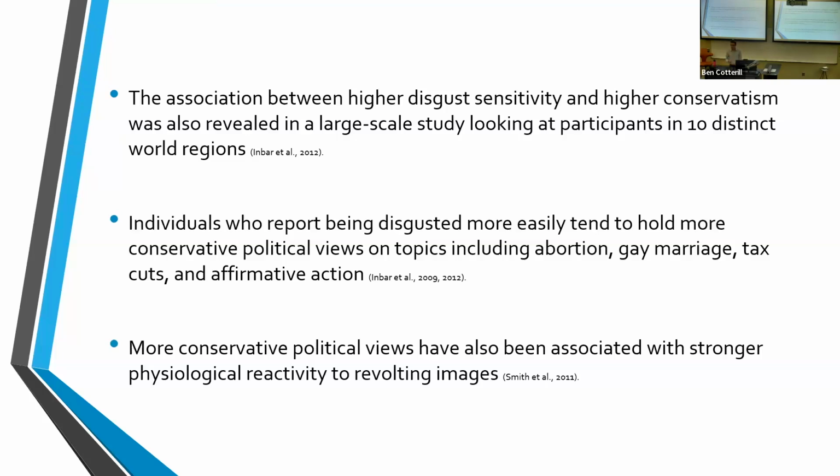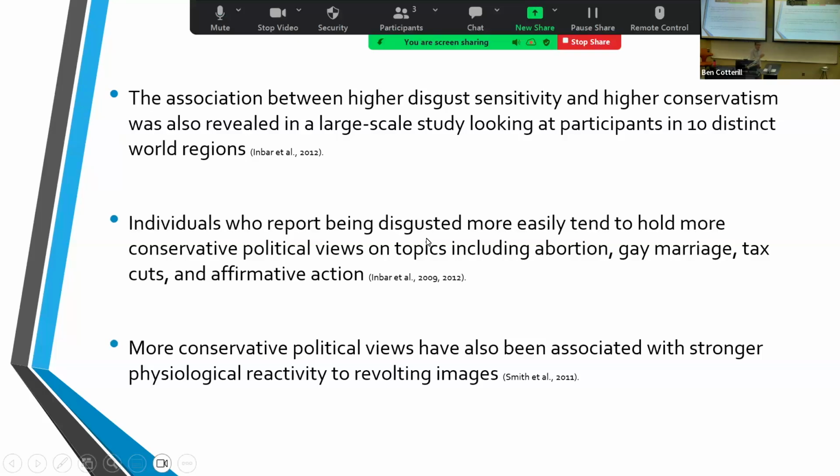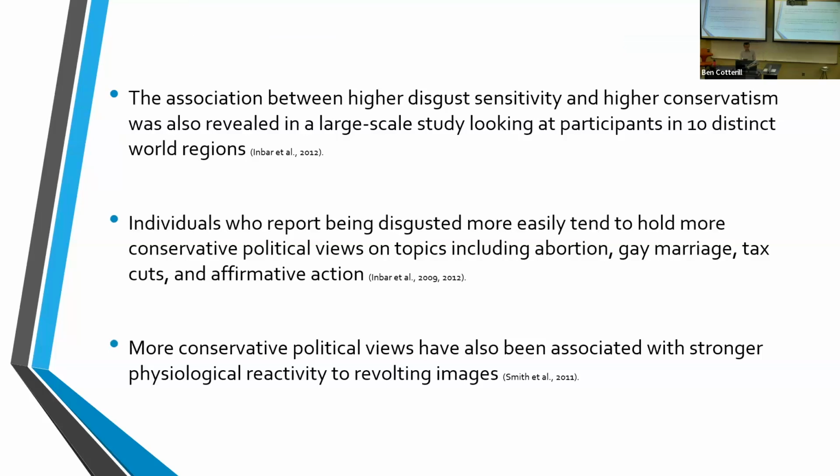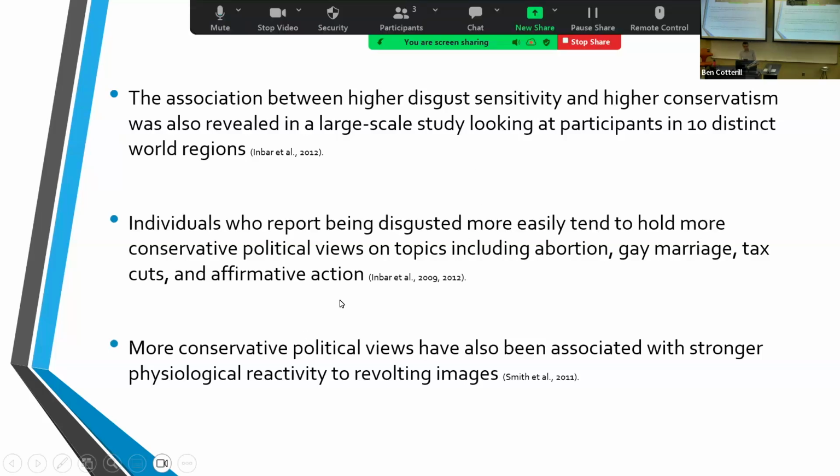Again, a replicated finding, across world regions. Those on the political right are more likely to be higher in disgust sensitivity. Those who are more easily disgusted, even when given just one issue to choose from, are more likely to be on the right side of things, whether it's affirmative action or gay marriage or abortion. And again, it's across measurements.